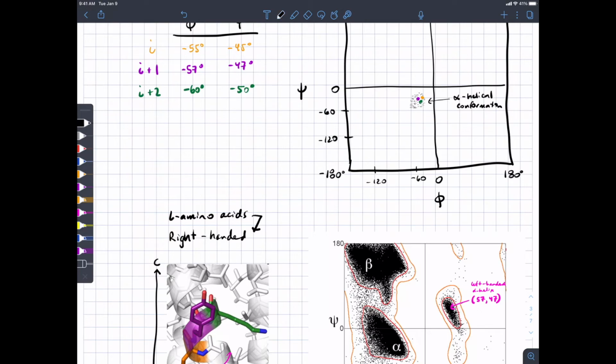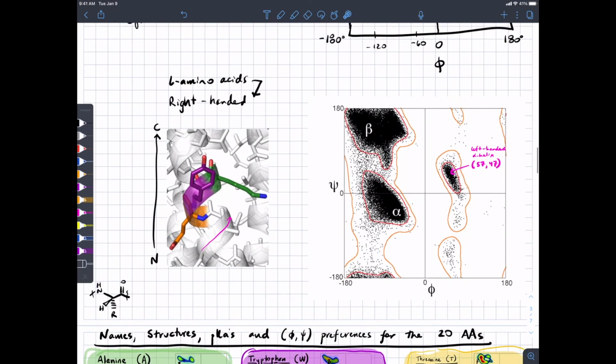If you switch the signs of both phi and psi, you have a left-handed alpha helix. And you can make one of those, but you have to use D amino acids instead of L amino acids. So this is sort of a stereochemistry issue. If you switch the stereo center of the amino acid, you can switch its dihedral angle preferences.